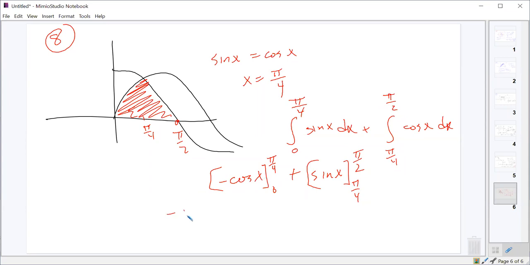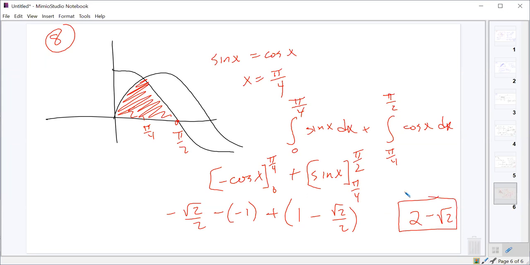Cosine of pi over 4 is root 2 over 2. Cosine of 0 is 1. Sine of pi over 2 is 1. And sine of pi over 4 is root 2 over 2. So we got negative root 2 over 2 minus root 2 over 2, which is a negative 2 root 2 over 2, or a negative root 2. And then a positive 1 plus another 1 is a 2. So you have 2 minus root 2.